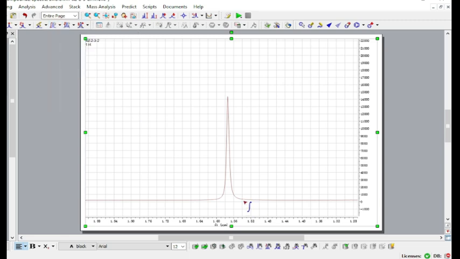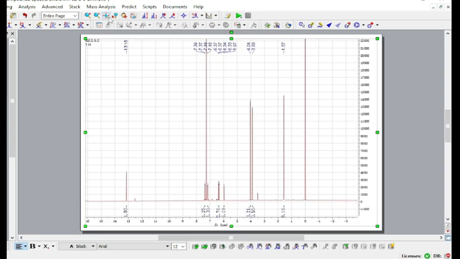So here we are. Now we have integrated all the signals in our spectrum, right?